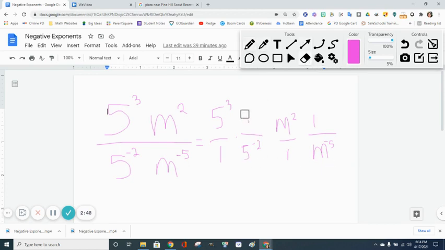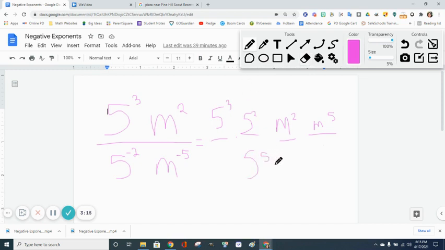I'm just going to erase and rewrite. Okay. Now everything is in my numerator. I can get rid of my denominators. And I can simplify by adding my exponents.